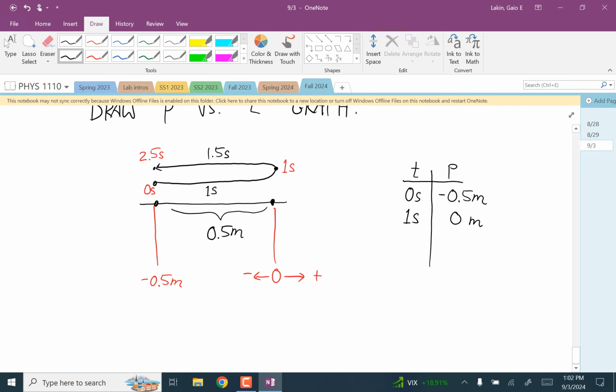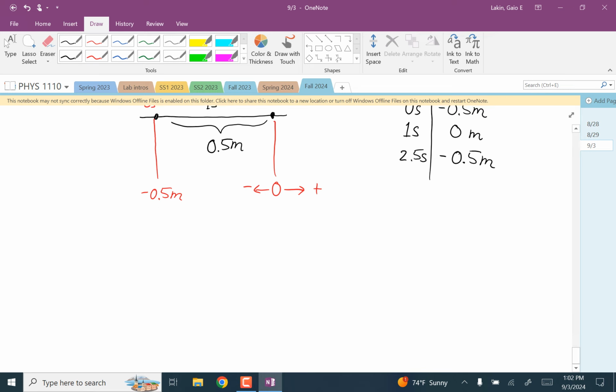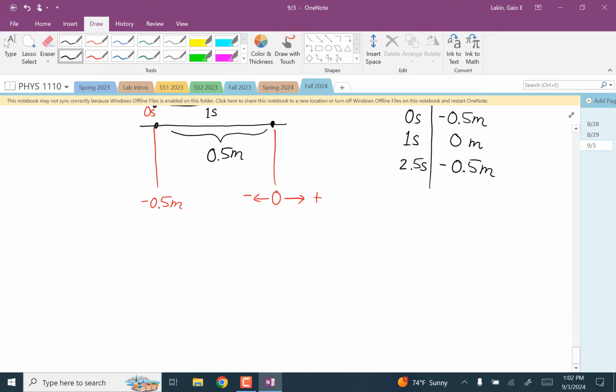And then the last one is at 2.5 seconds, and the position is back at negative 0.5. Okay? And then it's just a matter of graphing it.